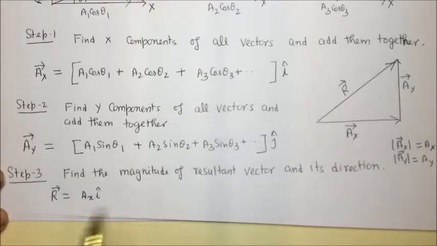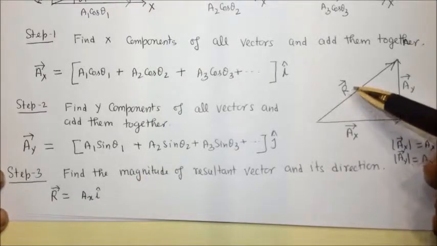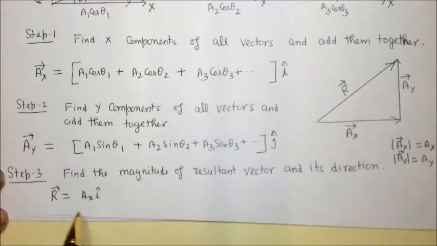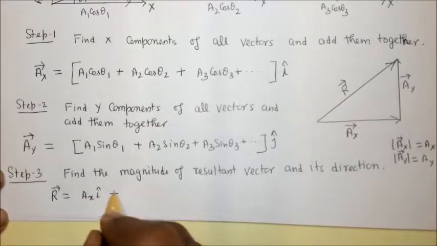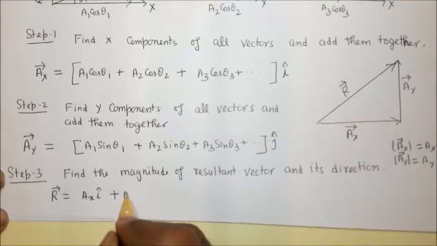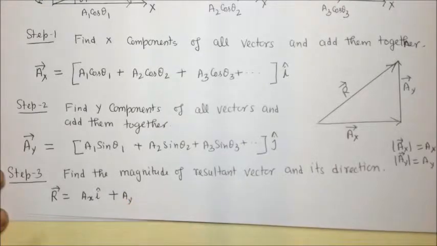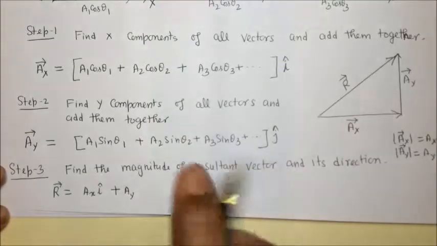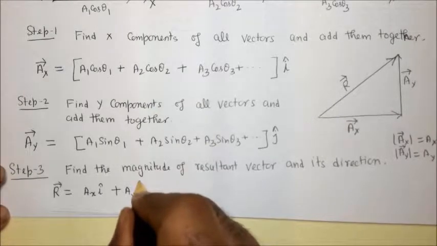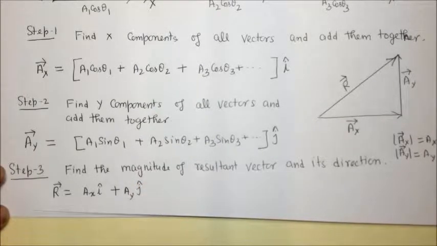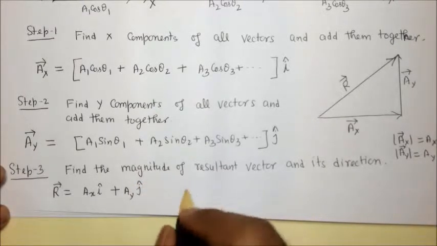So vector r is ax i plus ay j. How about the magnitude?